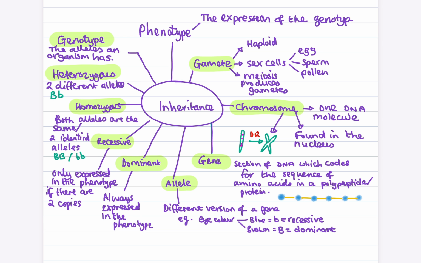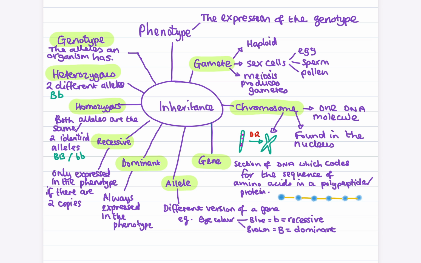For example, if an organism has the genotype capital B lowercase b, how will the organism look in terms of eye colour? They would have brown eyes because brown is dominant. So the genotype would be capital B lowercase b, but the phenotype would be brown eyes.